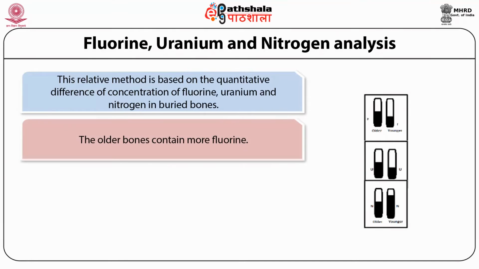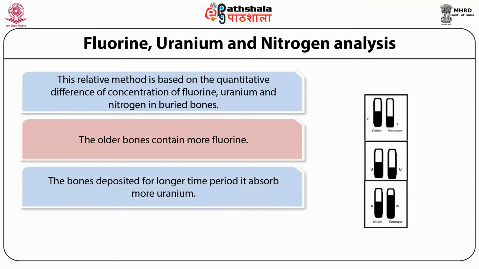Older bones contain more fluorine in comparison to newer or younger bones. A bone deposited for a longer period of time absorbs more uranium in comparison to a bone deposited for a lesser time period.